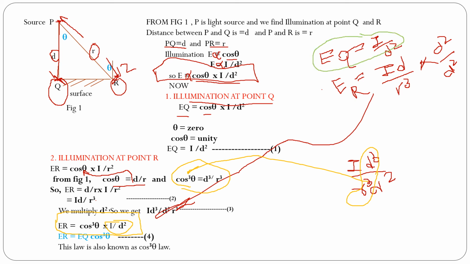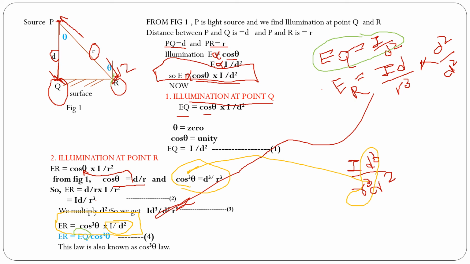So finally I get ER, the illumination at this particular point R, is equal to cos cube theta into EQ.